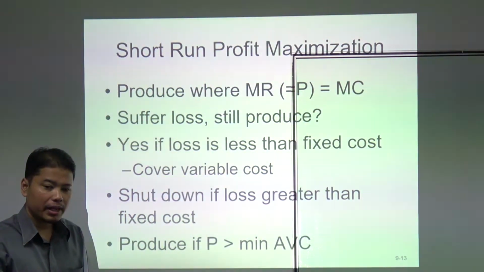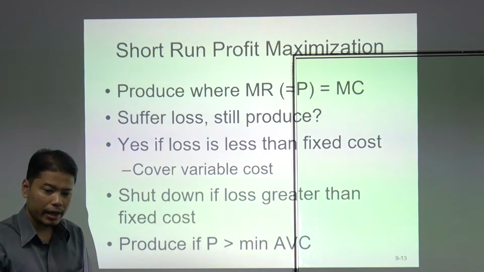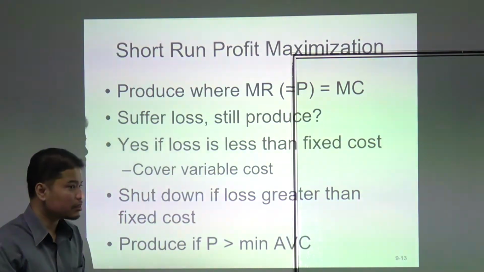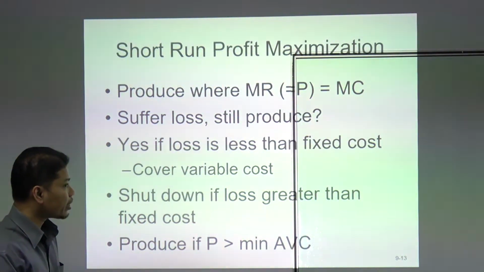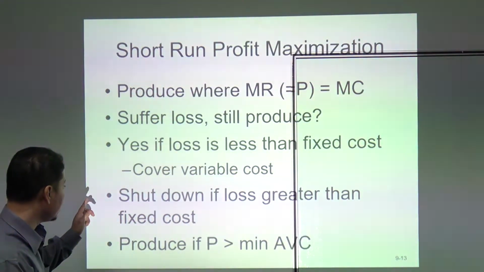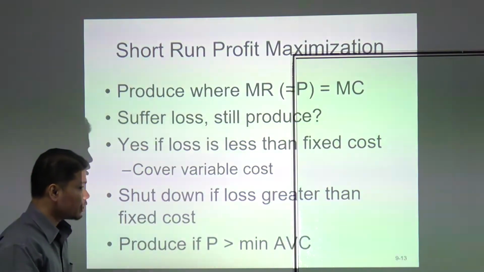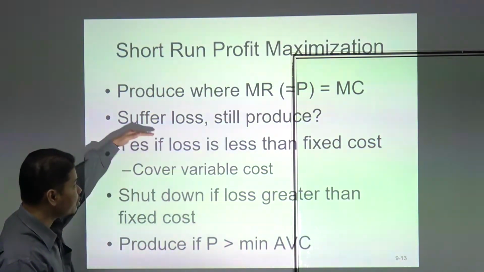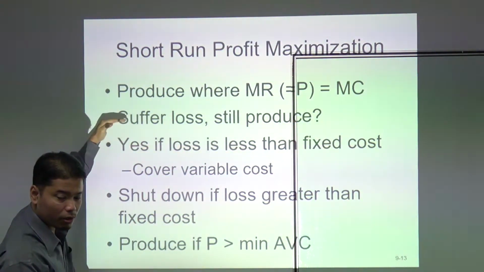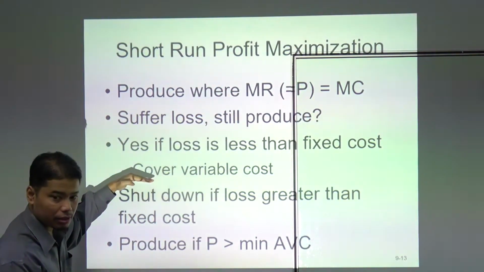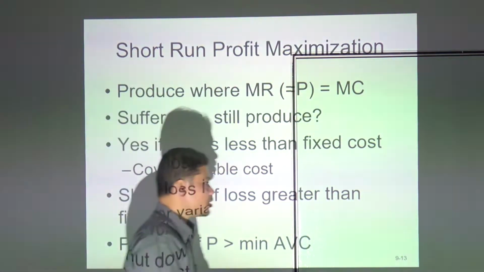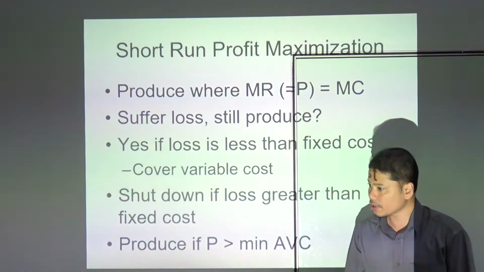As a result, the market demand is lower and the market equilibrium price has declined from, let's say, 131 down to only $81. So the demand facing the firm will shift from 131 down to $81. Let's see what is happening here for this firm.